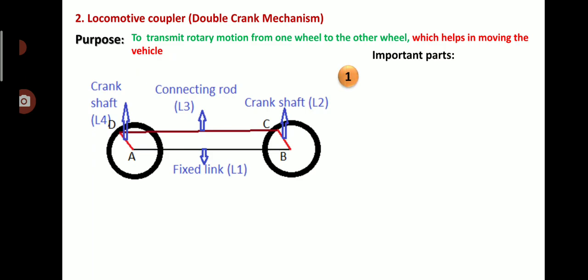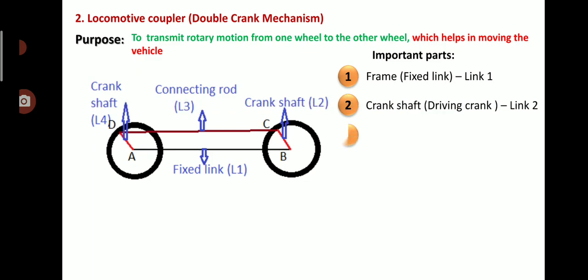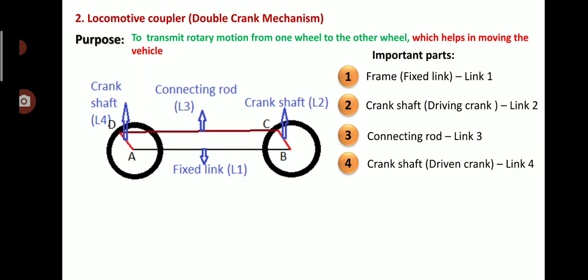Number 1 is the frame, which is called the fixed link, link number 1. Number 2 is the crankshaft or driving crank, link number 2. Number 3 is the connecting rod, link number 3, and the crankshaft, which is called the driven crank, is link number 4. So the driving crank is crankshaft link number 2 and the driven crank is crankshaft link number 4.